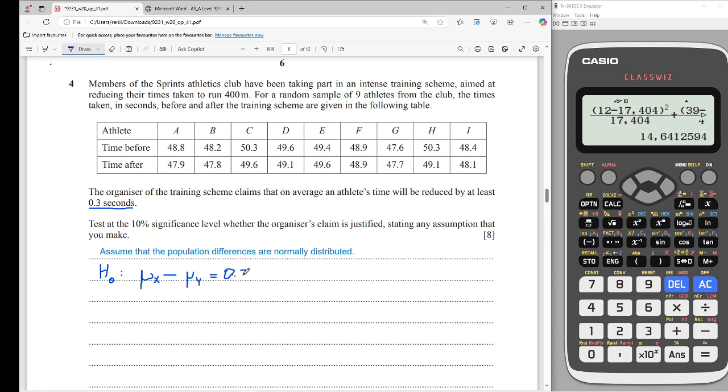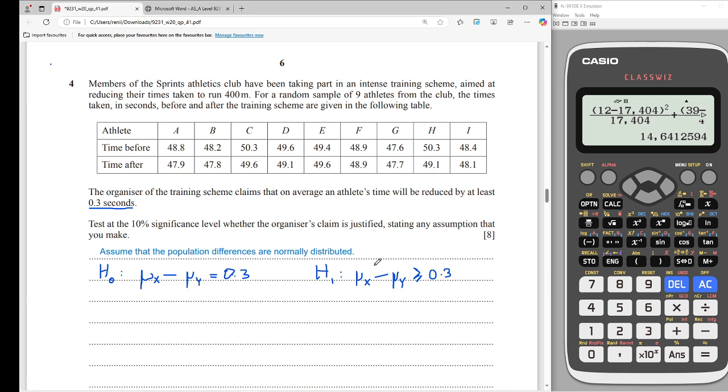The difference between the two means will be equal to 0.3, and his claim is that the difference between the two means, mean x minus mean y, will be reduced by at least 0.3. So that means we have here greater than or equal to, because he says he will reduce by at least 0.3 seconds.